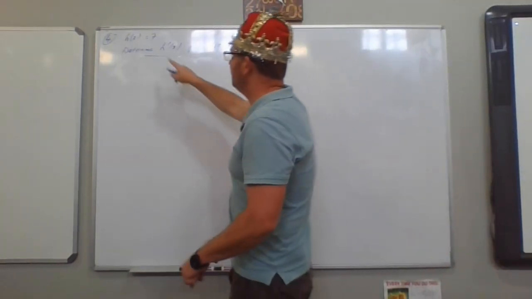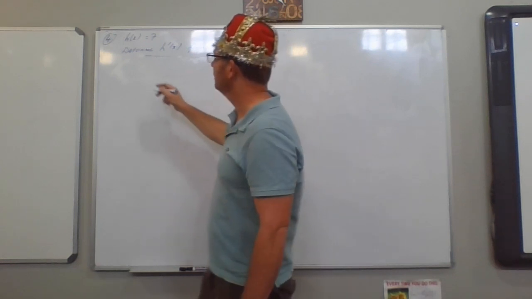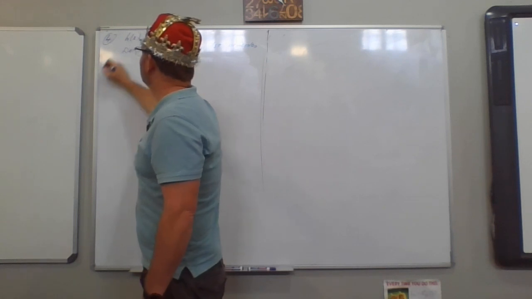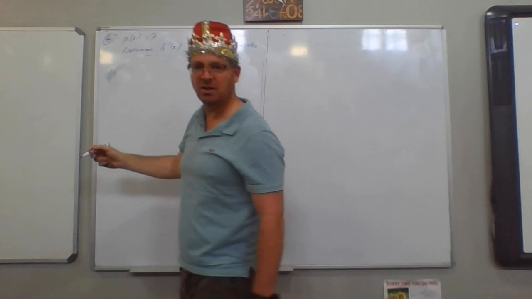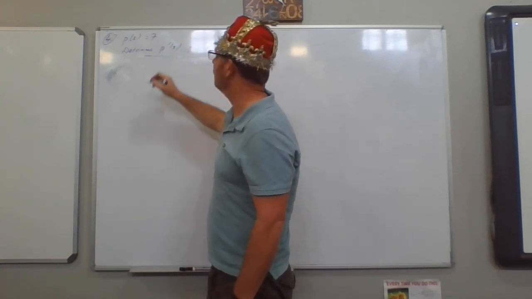Righty, next example. If h of x is equal to 7, determine h dash of x from first principles. It's a bit confusing if I use h of x, so let's use p of x, otherwise there's going to be too many h's floating around. So p of x is equal to 7, determine p dash of x from first principles.